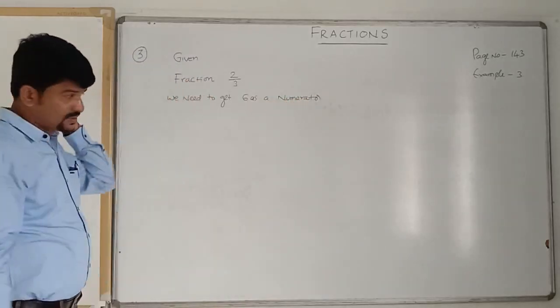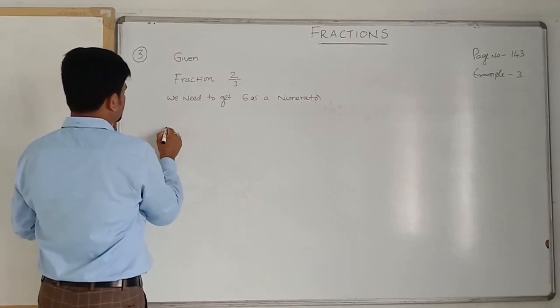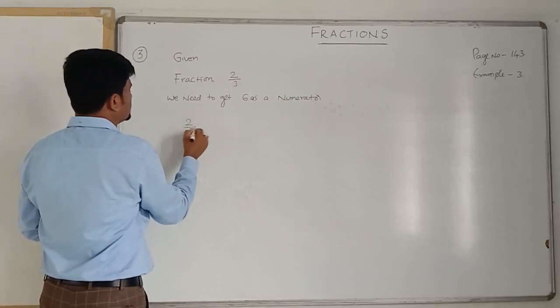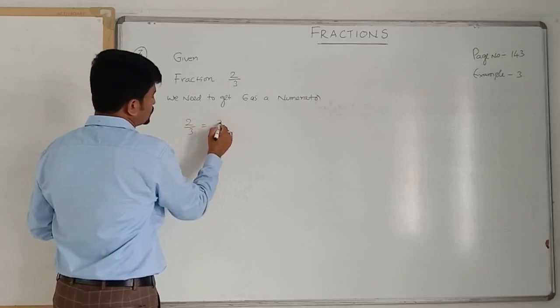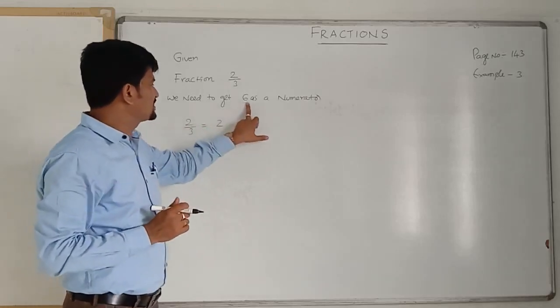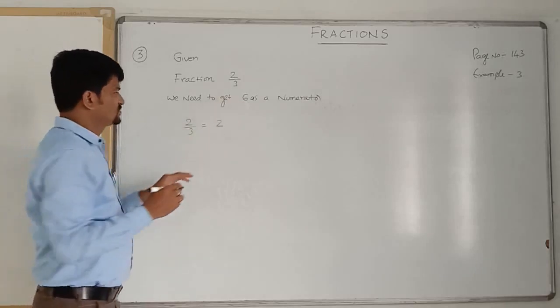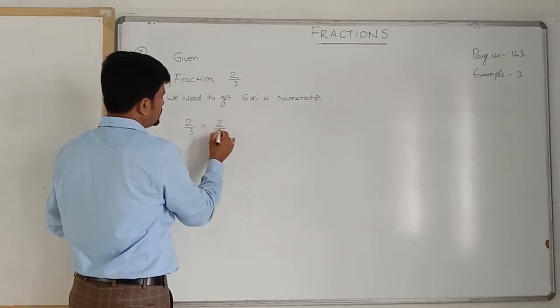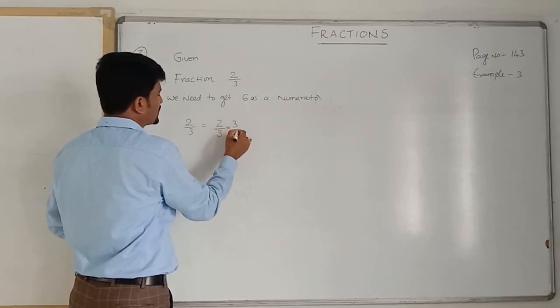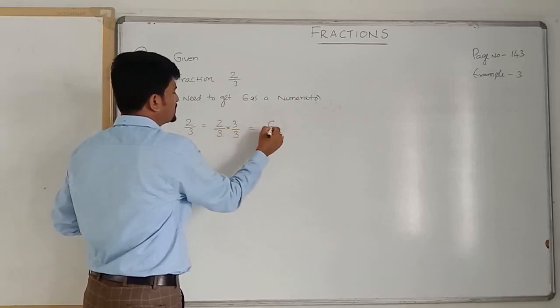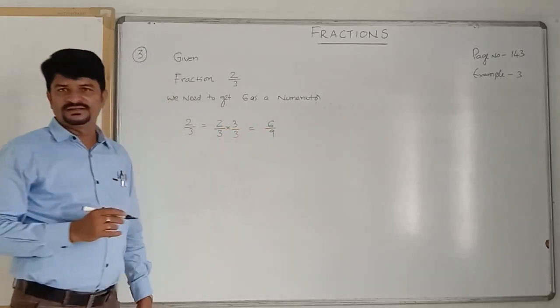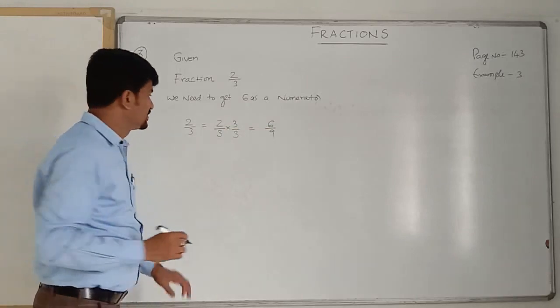Now, therefore, 2 by 3 is equal to 2 into, to get 6, by what number shall we multiply with 2? Multiply with 3. Am I right? Therefore, multiply the total fraction with 3 by 3, that implies 6 by 9.